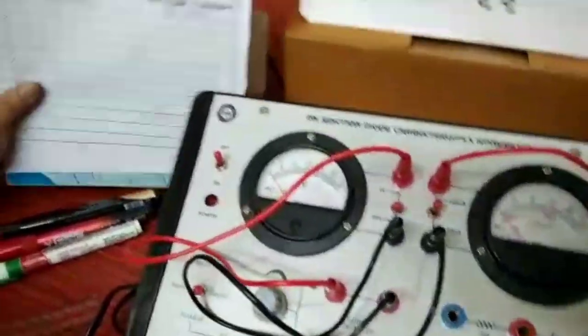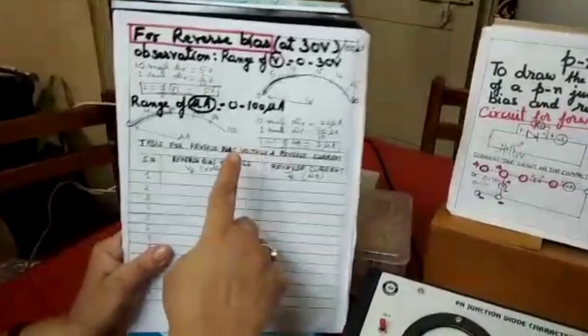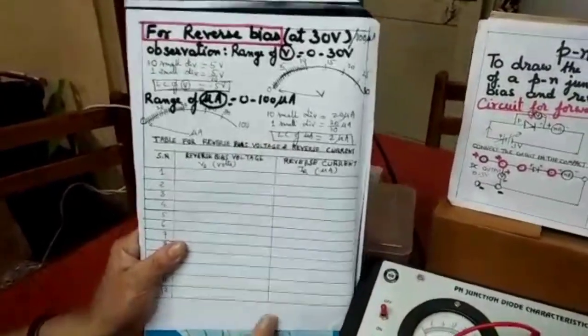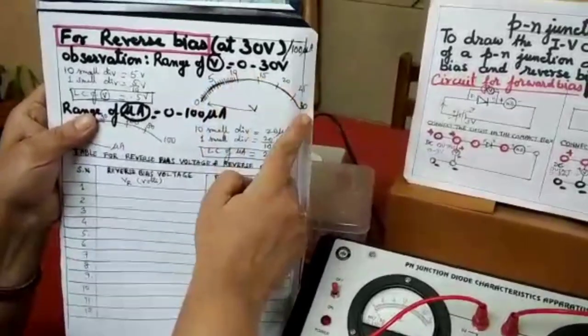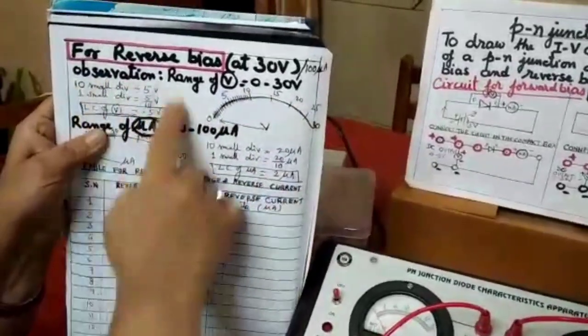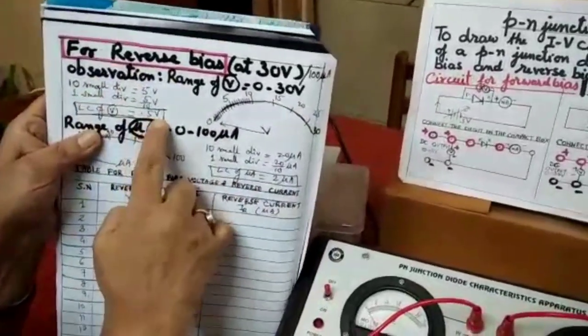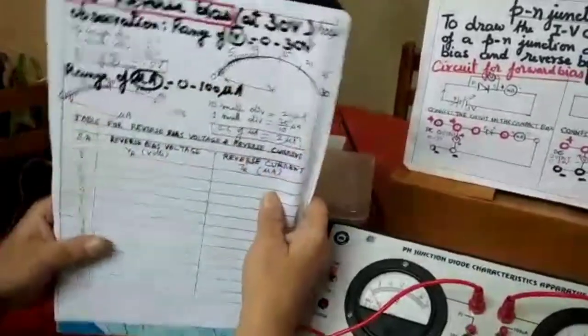Now as you can see, the observation table is ready here. First of all, the voltmeter range is 0 to 30 volts, and the least count I have found to be 0.5 volt. I have taught you how to find it.